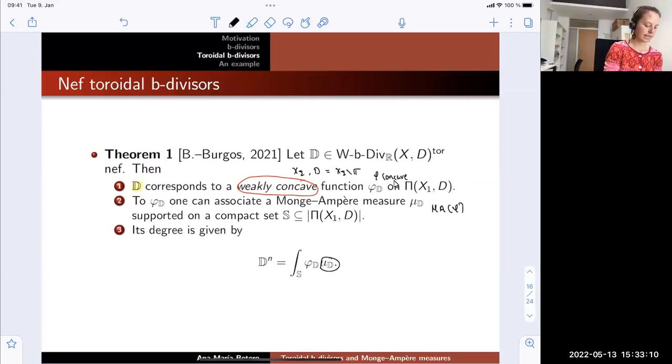In the toric case, this is just the integral of the concave function with respect to its Monge-Ampère measure, which is just the volume of the stability set of the concave function.